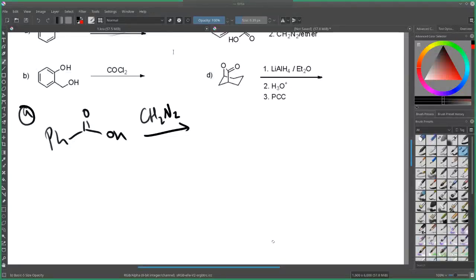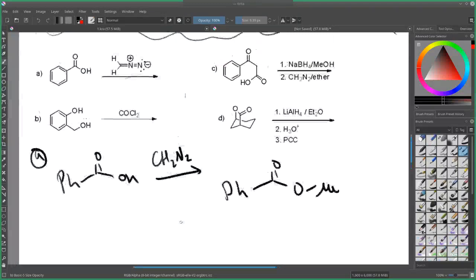Methyl ester. Yes, thank you. So this will give us a methyl ester, right? That's what happens when you have an acid and you treat it with diazomethane. There's not a whole lot more to it. So that's kind of nice.